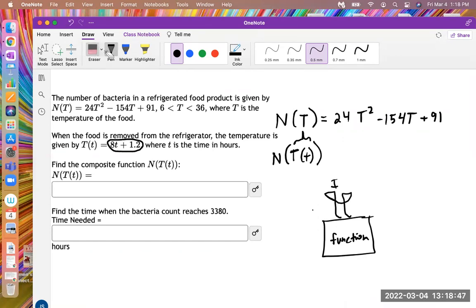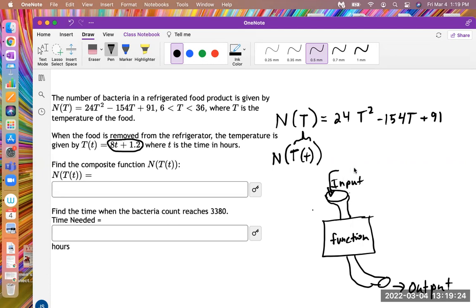Basically, I'm thinking of a funnel, and you have the input that goes into this funnel, and then it has an output. So something goes into it, then the function does its thing, and then it spits something out, an output.